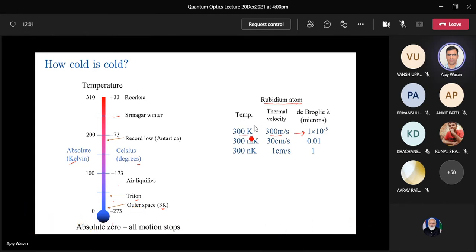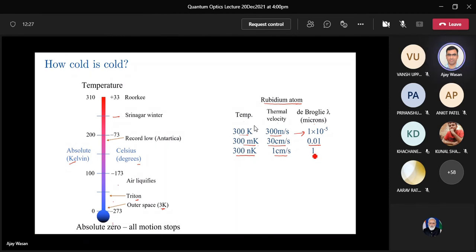And if I reduce the temperature further to 300 millikelvin, then the corresponding velocity will be this. The corresponding wavelength will be this. This is micron I'm talking here. If I go to even lower temperature, we are reaching 1 centimeter per second thermal velocity.